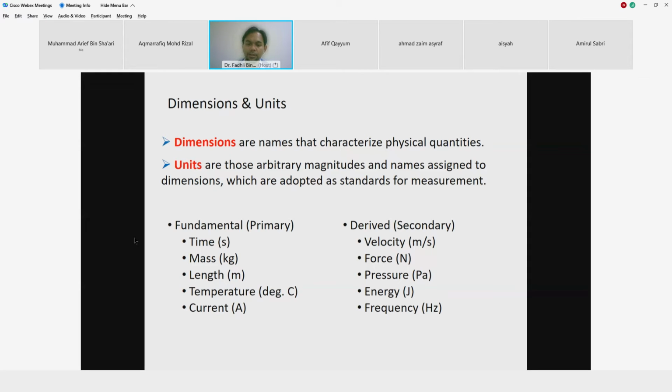So basically, the derived dimensions come from fundamental dimensions. For example, velocity comes from time and length. Force also comes from, sorry, mass and length.